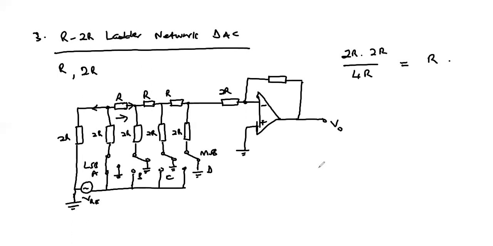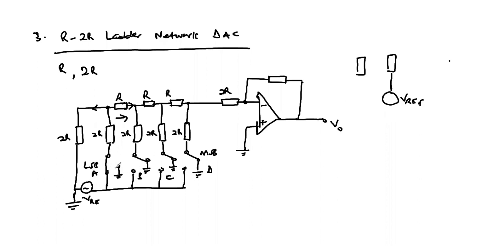We can modify the circuitry as follows. So we have the 2R. We can shift now our source, our reference voltage, to this point, because the current is only flowing through this loop.